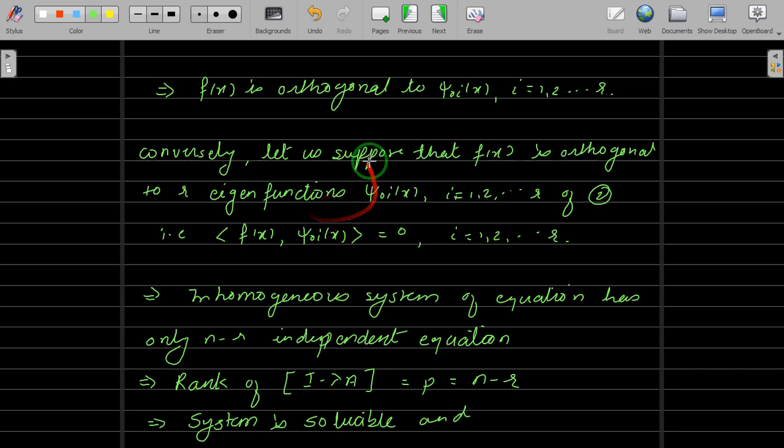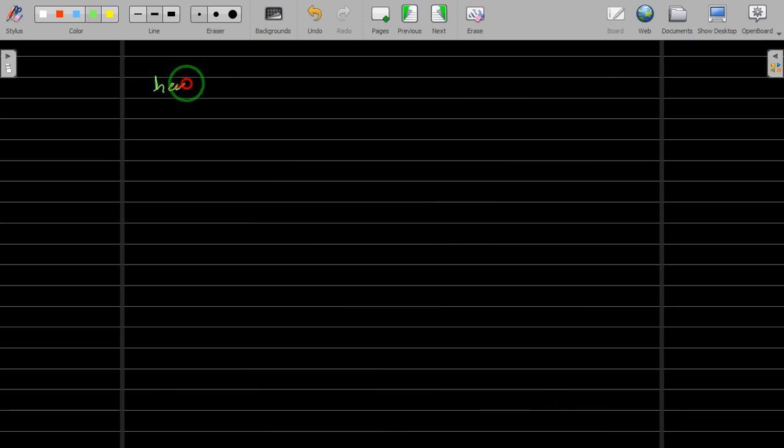And that's what we have to prove. We assume that this f(x) is orthogonal to these eigenfunctions, and then after implications we got the system is solvable, and hence we can say that equation 1 has a solution.